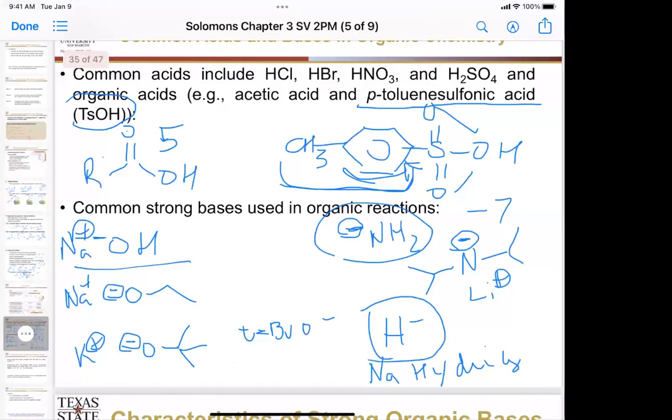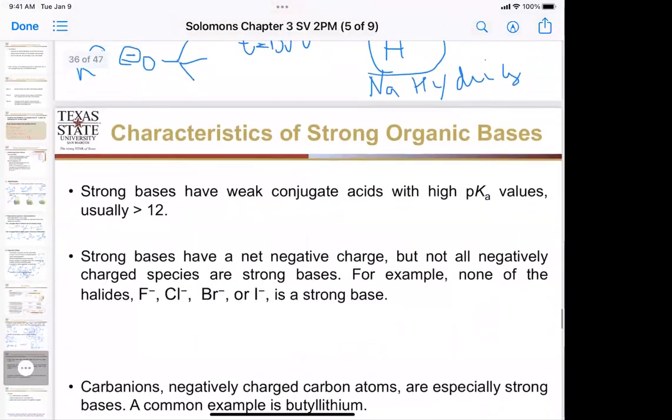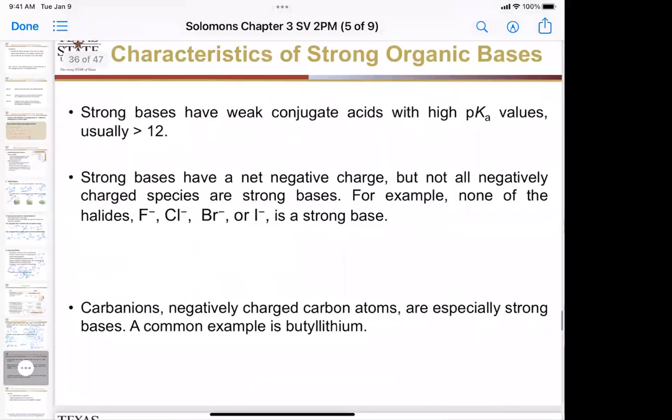Okay, so that lets us see where we have these strong bases. If they were weak acids and we take a proton off them, they become strong bases. And so we have oxygen-based systems, nitrogen-based systems, and hydrogen-based systems. All right, but what about HCl and HBr, right? Those are strong acids.